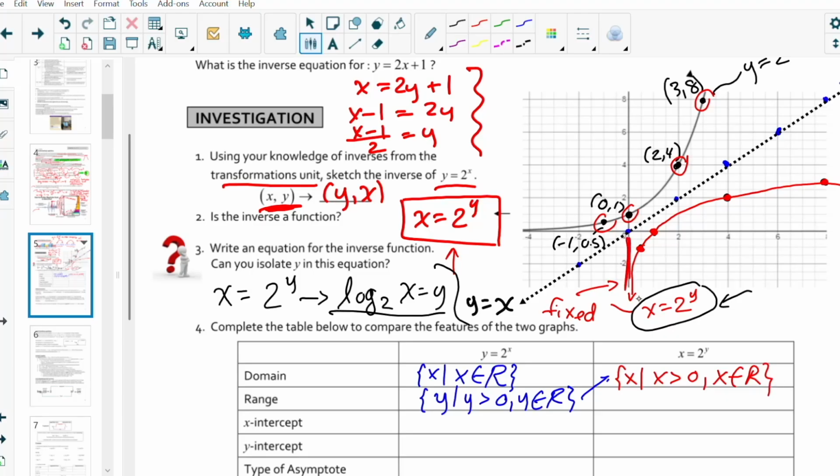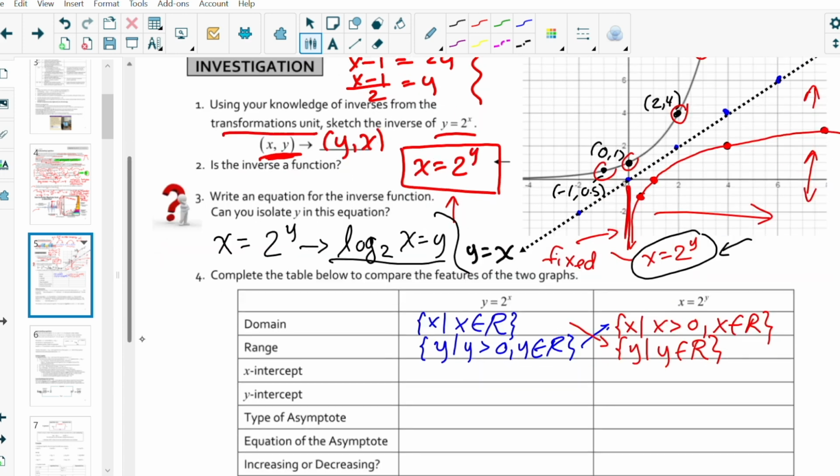Everything greater than 0 for the domain. And then the range is going to be the domain of the inverse function, so y such that y is an element of all real numbers. You can see that that is true. All the y values will keep going up and down.